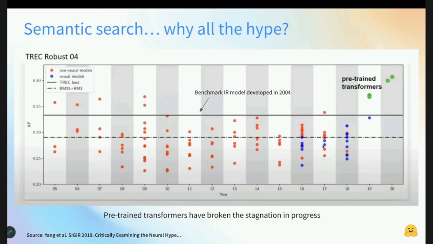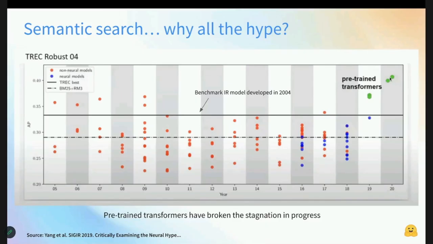So in the world of information retrieval, there was a stagnation in progress until the advent of the transformer architecture, which came about in 2017 with the paper Attention Is All You Need. It was originally developed for machine translation and then quickly became broadly applied to every area of NLP, including information retrieval.